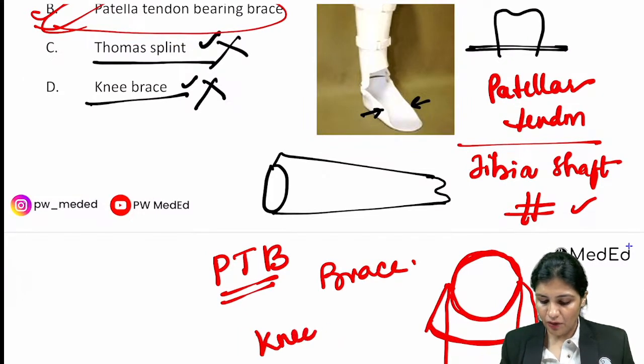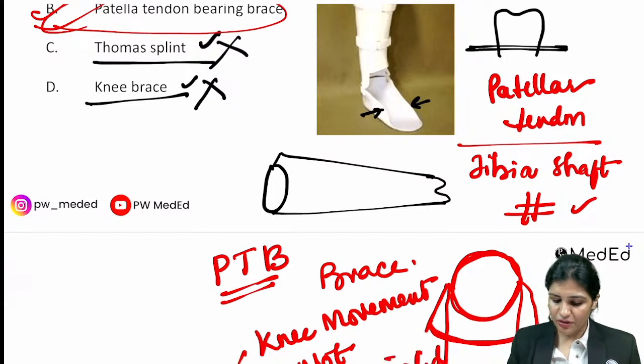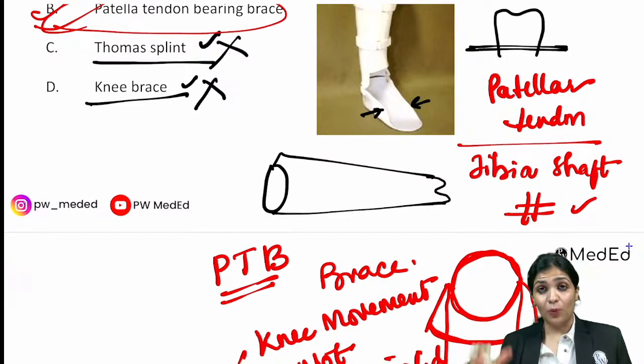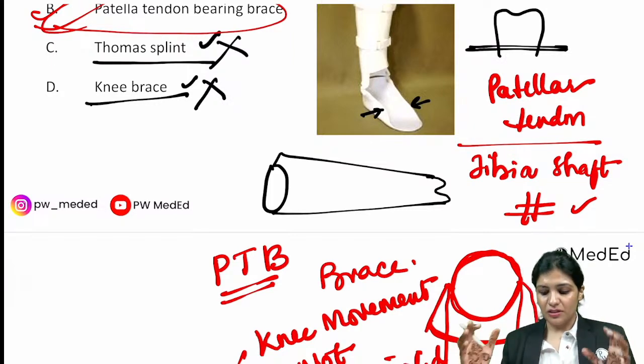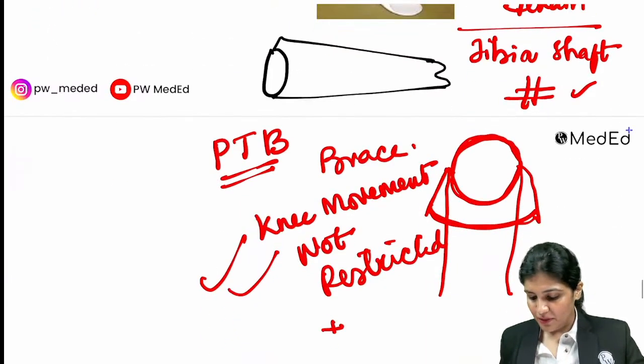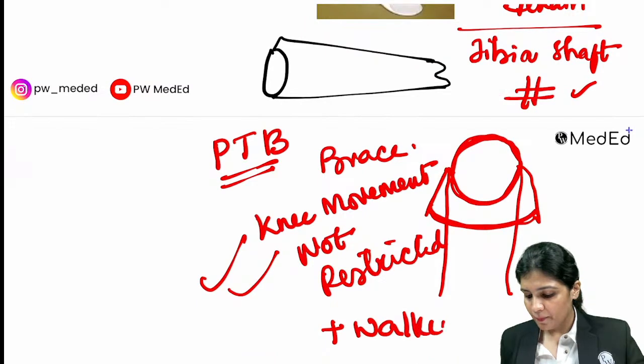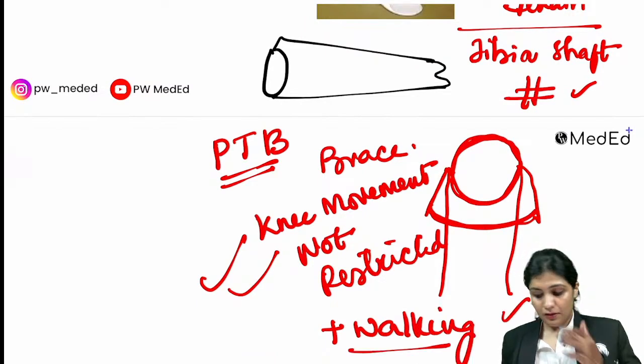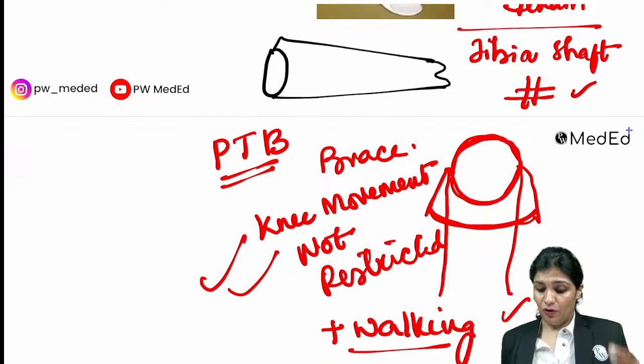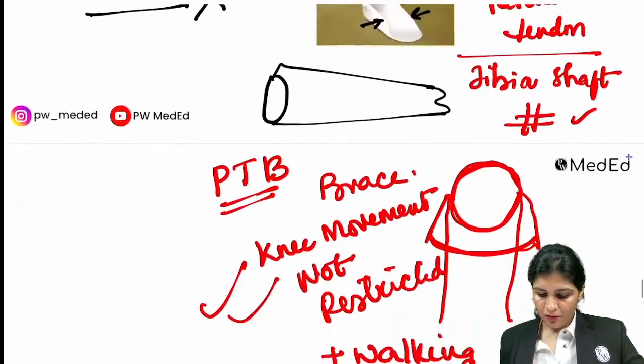So knee movements are not restricted, right? Hence this is applied in that fashion to not restrict the knee movements. A patient can bear weight and walk. So this is the PTB bracing, where the patient can walk, right? So this is the patella tendon bracing.